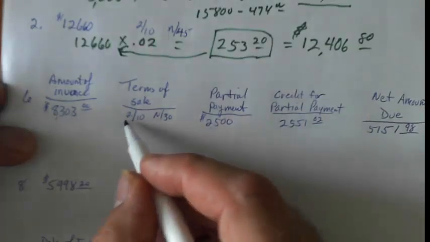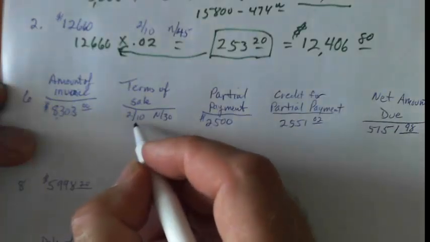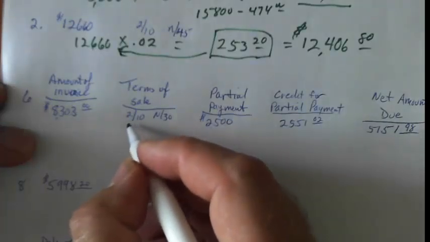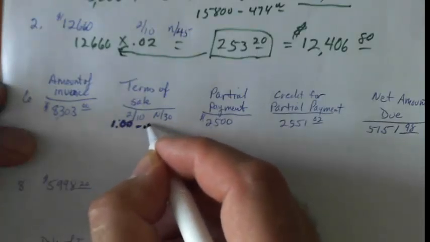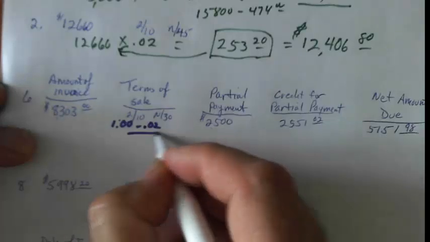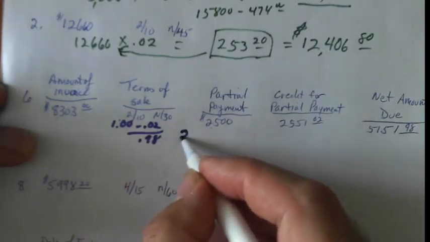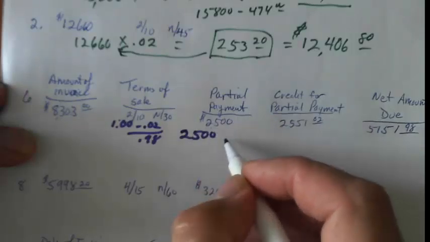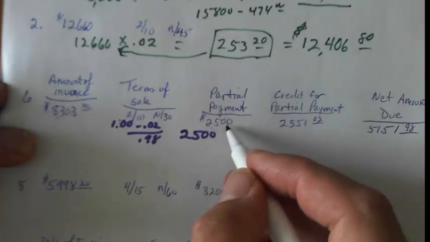So how did they get the credit payment? Since we have a 2% discount, we're paying 98% of the total. So they're taking that 1 and subtracting the 2%, giving credit of 98%. We take the $2,500 because that's the payment, so we get the credit on the payment, not on the whole thing, because we only paid $2,500.